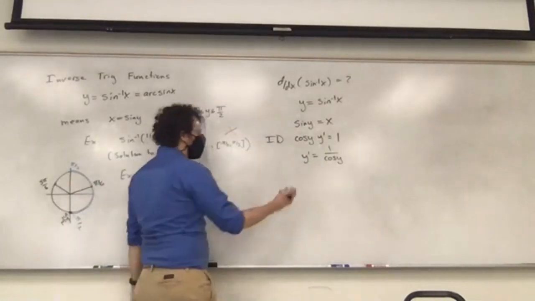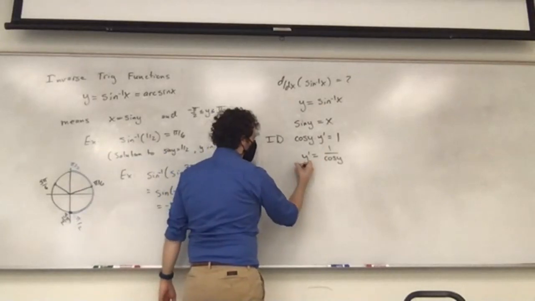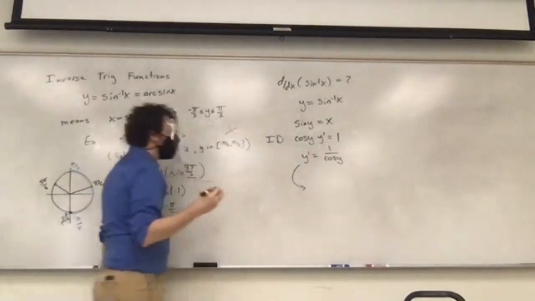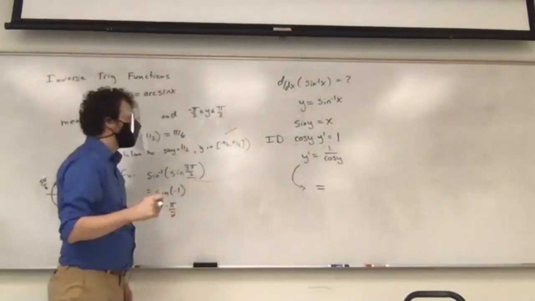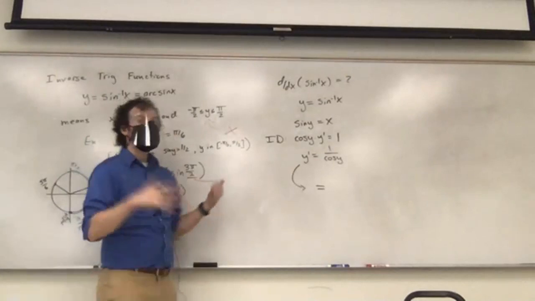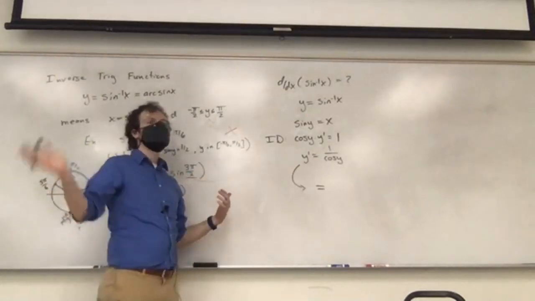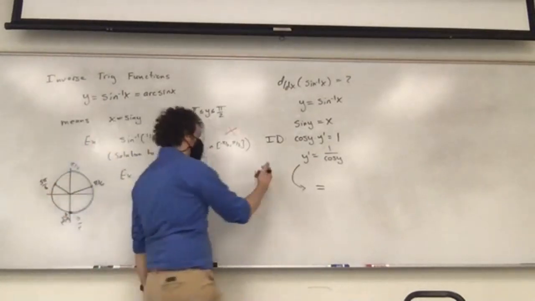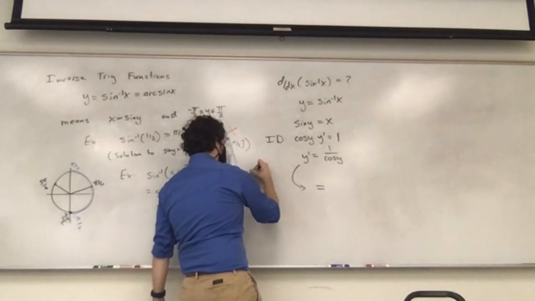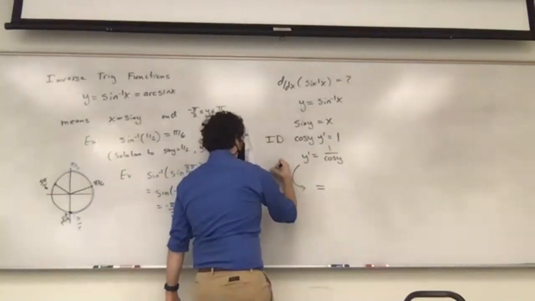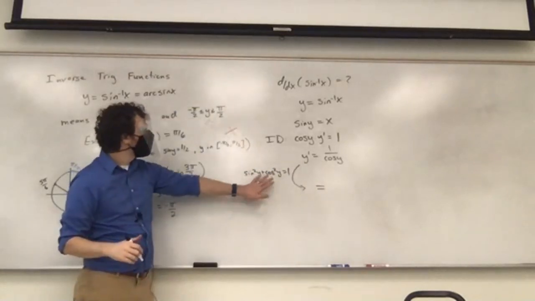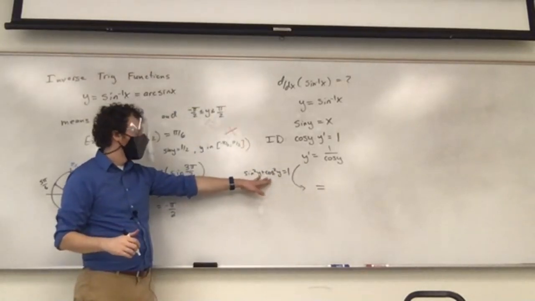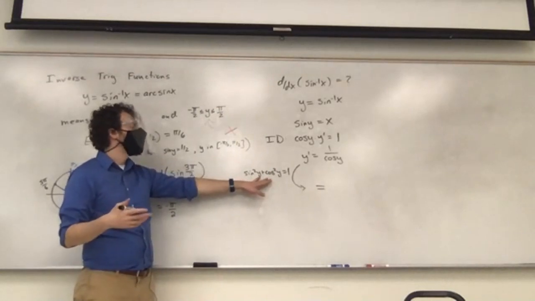But what we can do is notice the following facts. Well, first, we have the Pythagorean identity, which is sine squared plus cosine squared is 1. Sine squared y plus cosine squared y equals 1. Solve this equation, not for y, but for cosine of y.